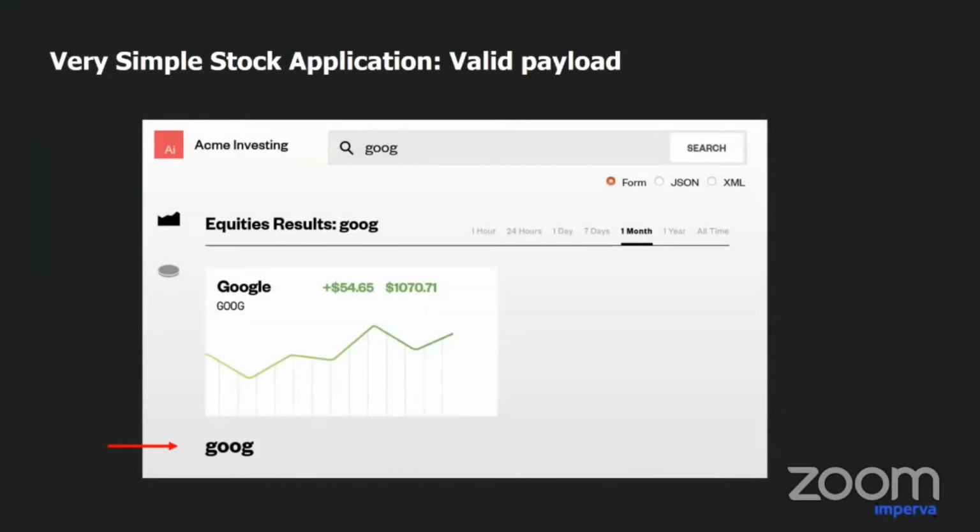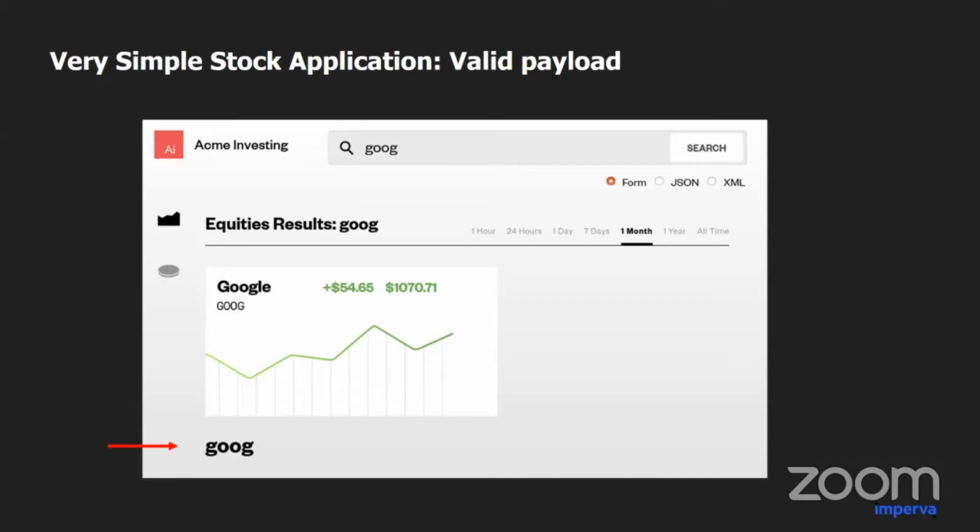But that said, what effect does it have on the actual application itself? I have mentioned the performance impact is very low, not even noticeable by the users. But just to give you an example of what would happen in an application, we have a very simple, straightforward, vulnerable Java application that you can see here that does stock ticker prices.